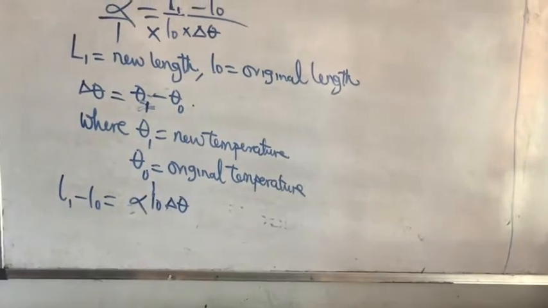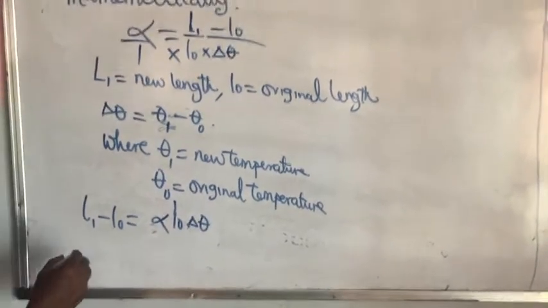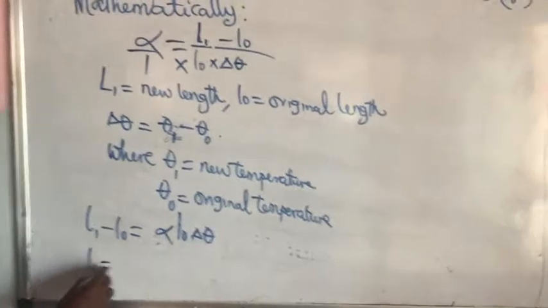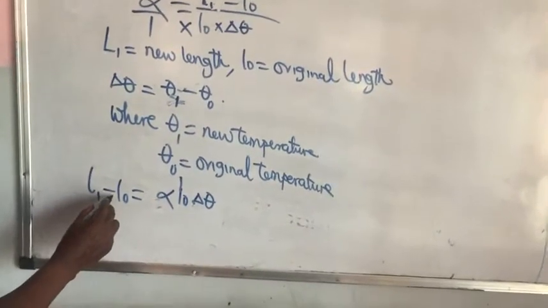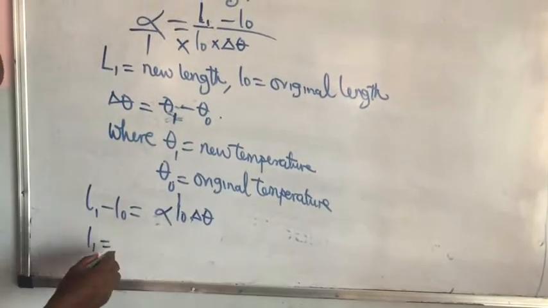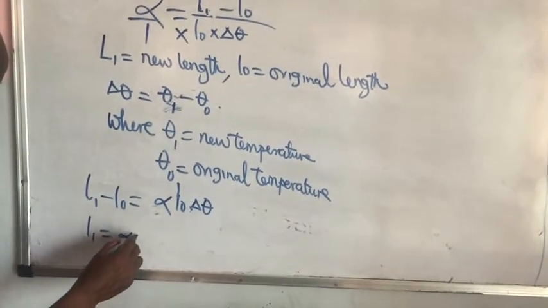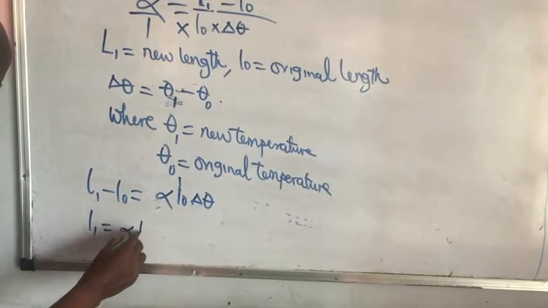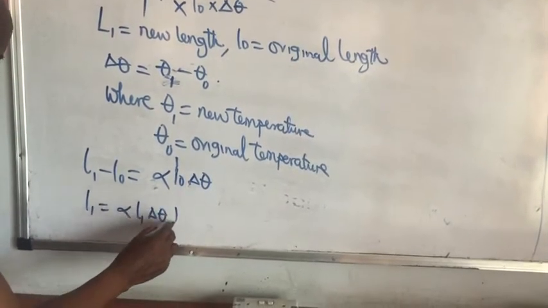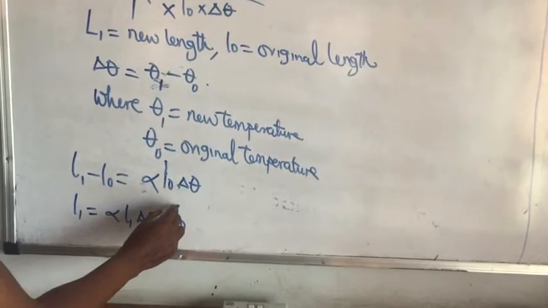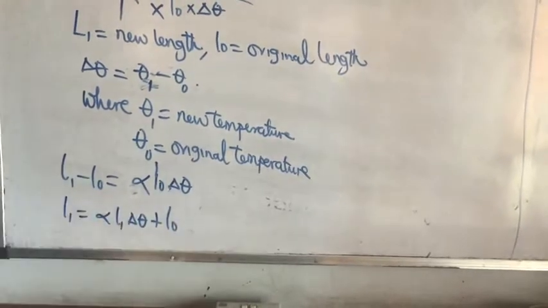So let's make our L1 the subject of the formula. If we do that, our L1 is equal to, this one goes to the front. So minus L0 before, by the time it goes, it becomes plus. So it becomes alpha L0 delta theta plus L0. So this one has crossed to the other side.